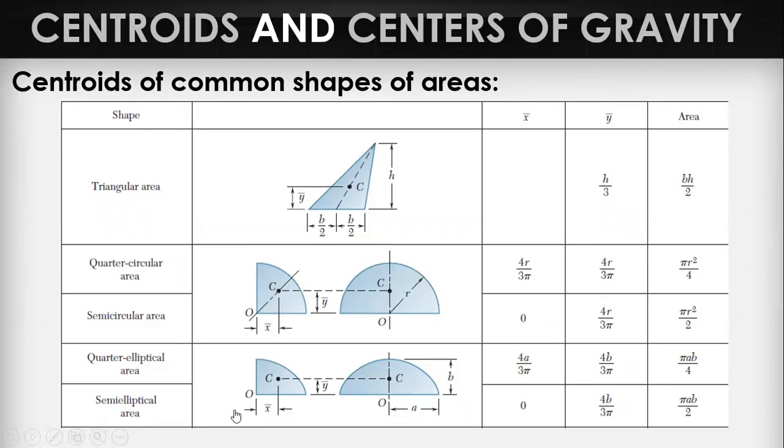Quarter elliptical area, this one, x bar and y bar given, as well as the area, pi AB over 4. Semi-elliptical area, this one. Again, due to axis of symmetry ang x, 0 ang x bar. Y bar lang, and then area there.